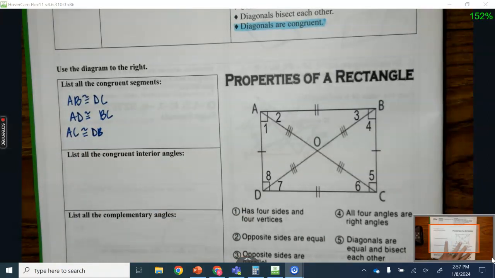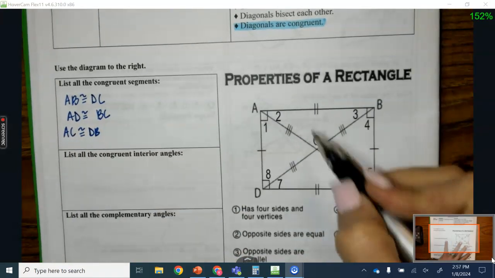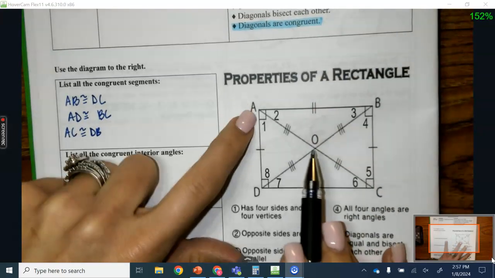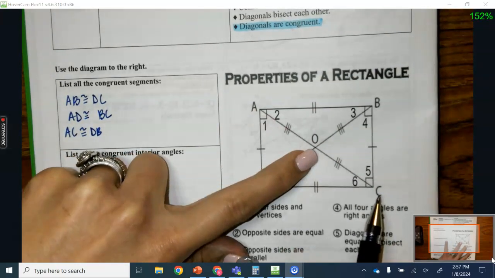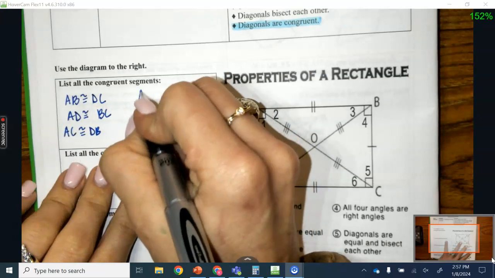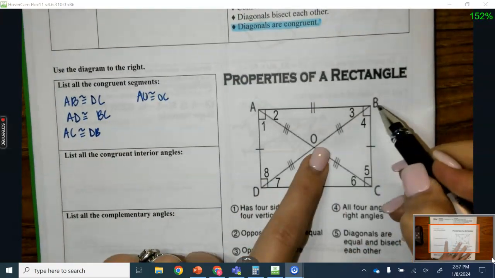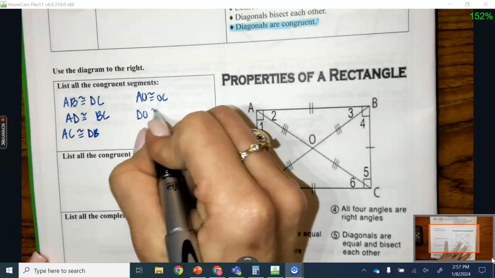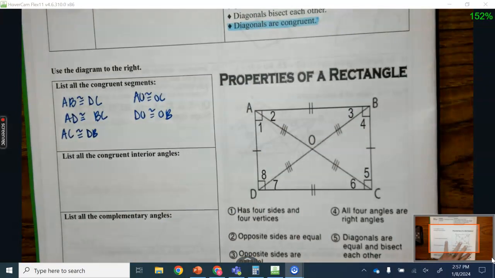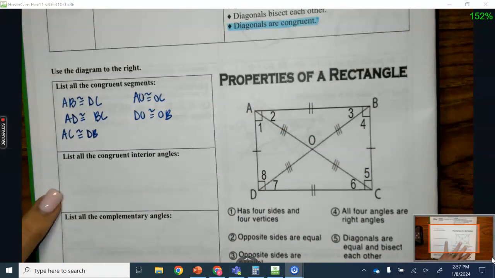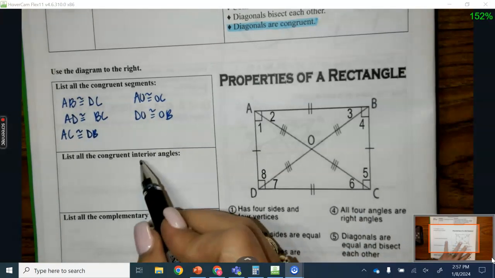And then I can still list all of the equal parts. Diagonals bisect each other, meaning AO is congruent to OC, and DO is congruent to OB. Those are my congruent segments in this figure. Now all of the congruent interior angles, the inside angles.